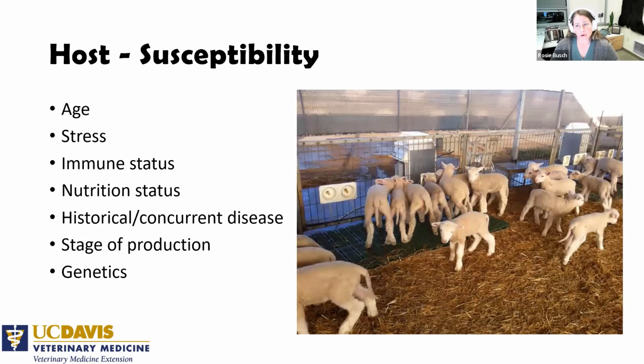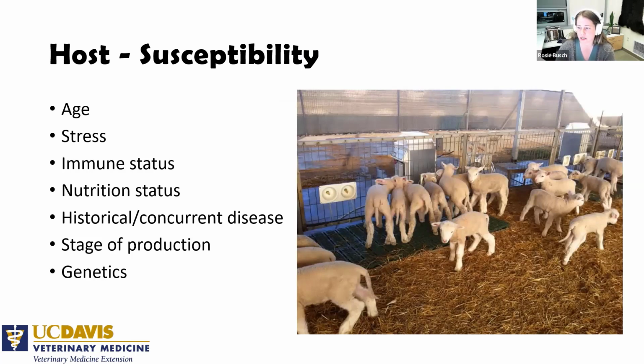Okay, so when we talk about host susceptibility, age can be a huge factor. We typically think of young animals as being pretty susceptible to most diseases. Part of that is because they have a really brand new immune system, and stress is a big factor.